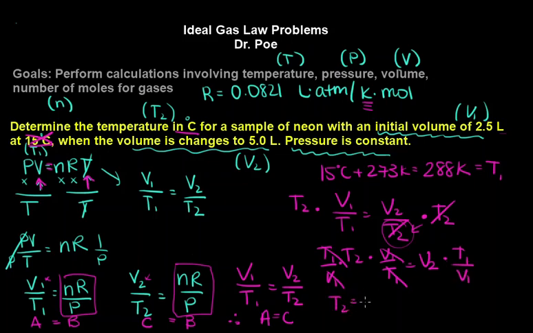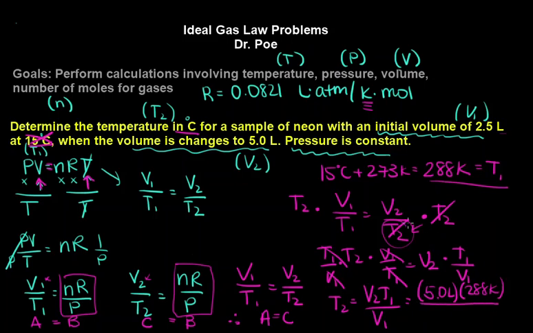So now we have our equation: T2 equals V2 T1 over V1. And now we just plug in and chug. Our V2 is 5.0 liters. Our T1 is, it's not 15 degrees Celsius, it's 288 Kelvin.